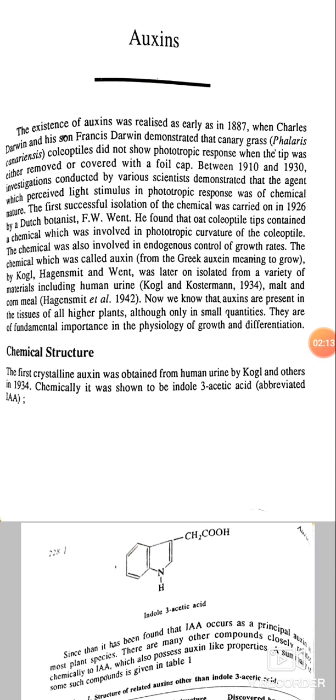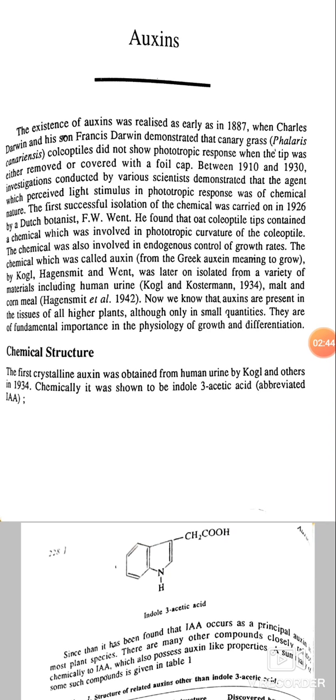The chemical was called auxin. From the Greek language, auxin means to grow. The chemical isolated by Haagen-Smit and Went was later isolated from a variety of materials including human urine, malt and cornmeal.